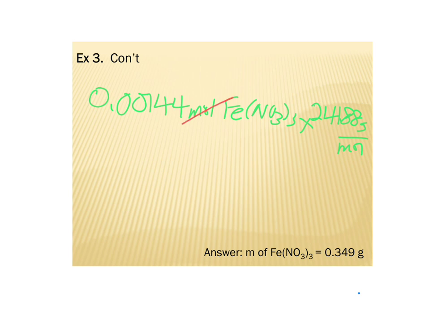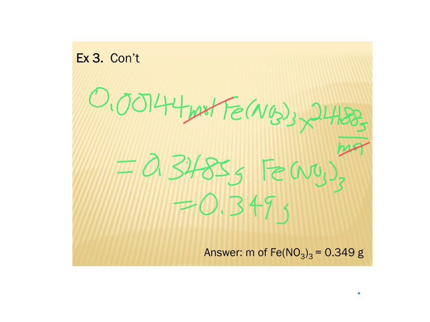Our units here, moles, cancel, leaving us with 0.3485 grams of iron nitrate. And with proper sig figs, we end up with 0.349 grams.